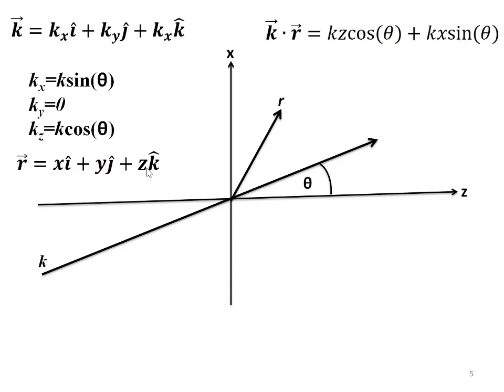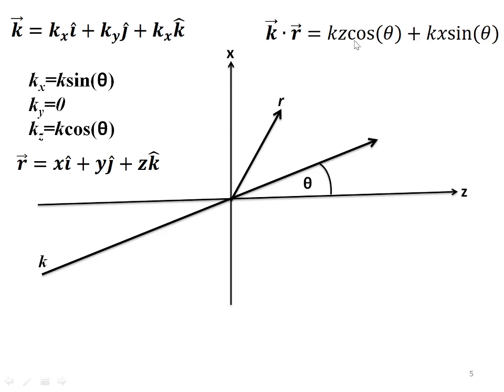So the k vector dot r vector, which has to appear in the electric field, can be obtained from the dot product of these two vectors. If you take the first one, i dot i, this will give you kx, which is nothing but k sine theta, into x. And ky is 0, so that is okay. Then kz into z, which should be k cos theta into z.